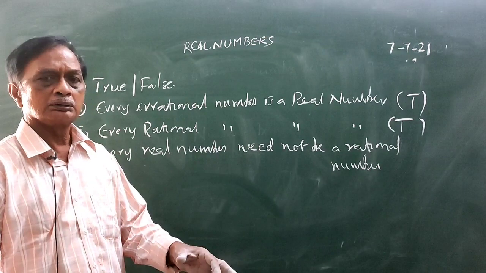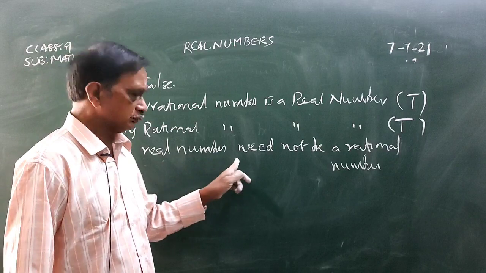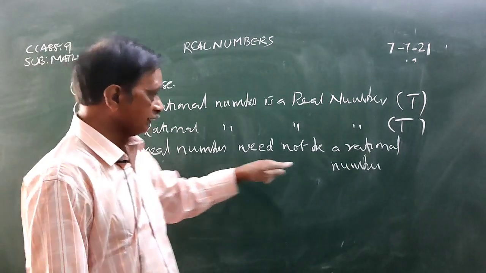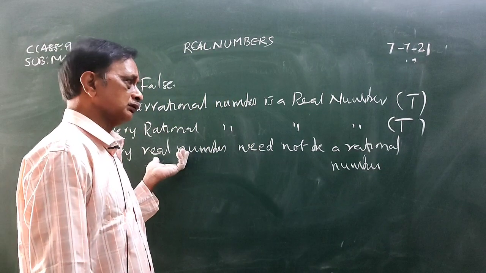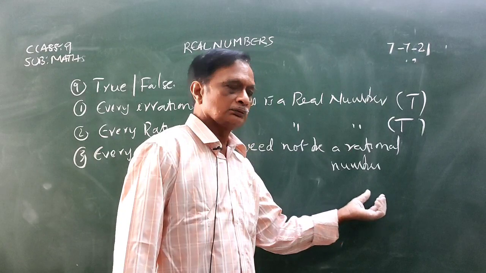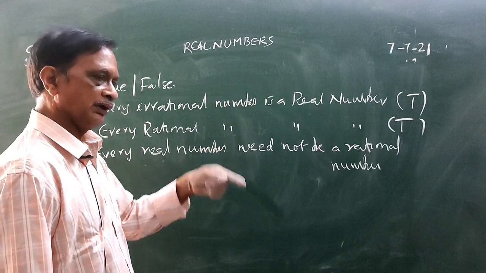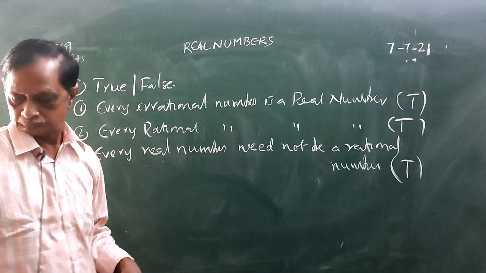Real number is what? Combination of rational and irrational. Is root 2 a real number? Yes. But can we say that root 2 is a rational number? No. So, there are some real numbers which are not rational. So, every real number need not be a rational number. Yes, it is true. It may be irrational.